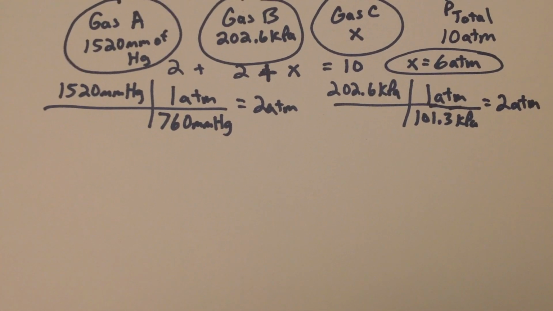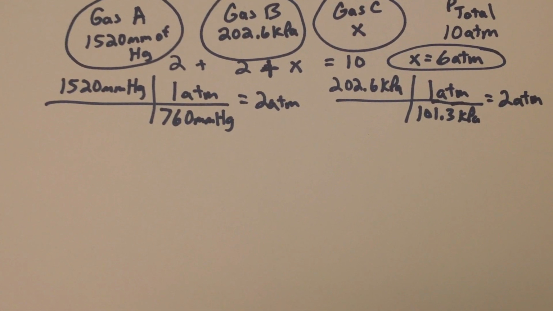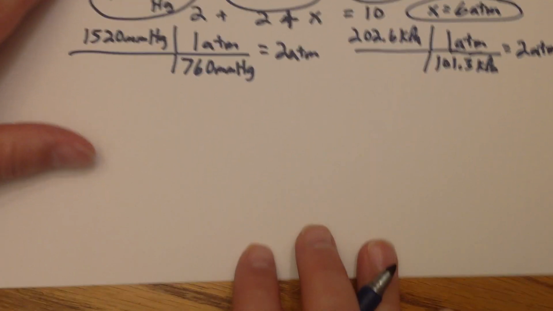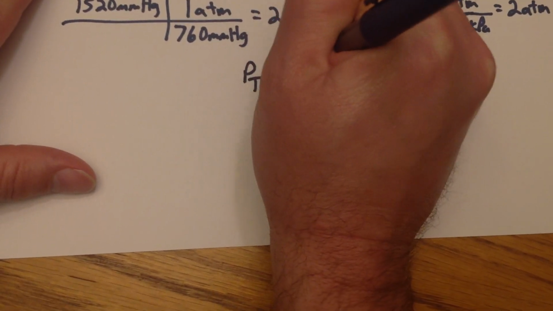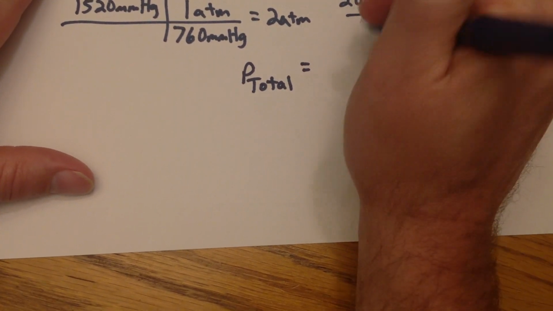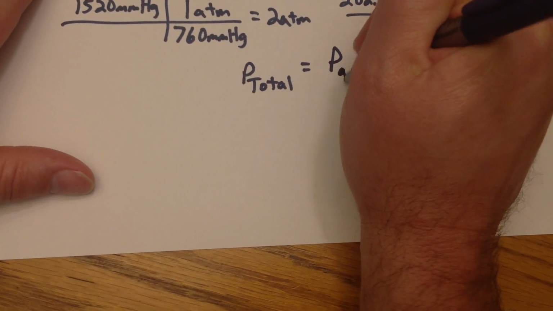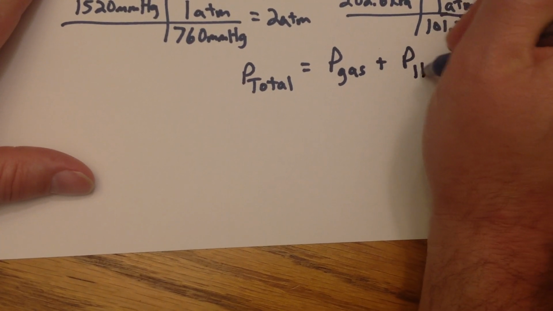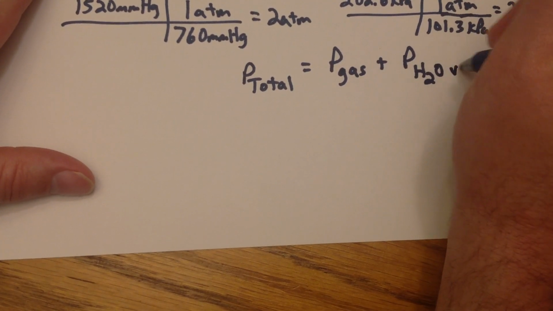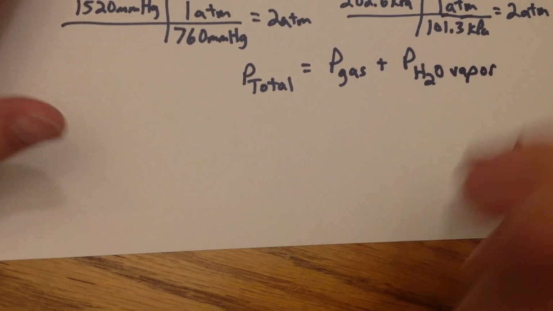Okay? So we're going to look at this equation is nothing more than P total, your pressure of your total system, equals your P of your gas, the pressure of your gas, plus the pressure of your water vapor. Now you're thinking, what's this water vapor?